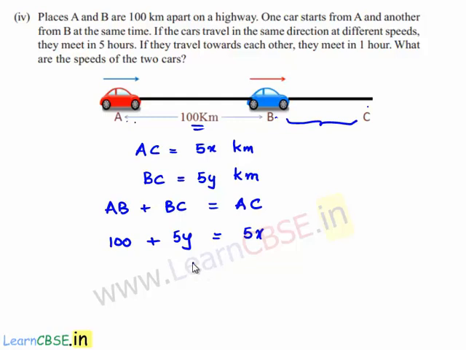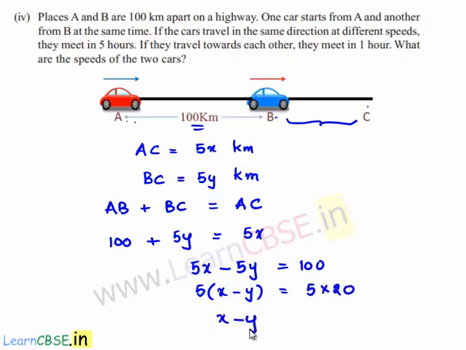So 5x minus 5y is equal to 100. Taking 5 as common, we get 20. So the linear equation becomes x minus y is equal to 20. Name this equation number 1.